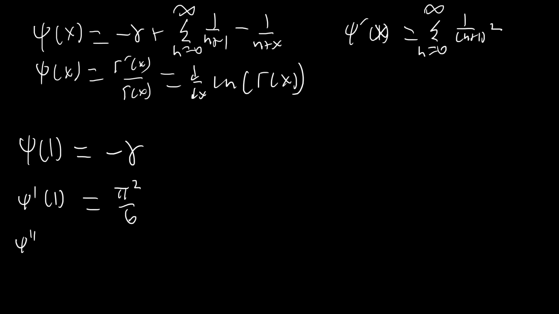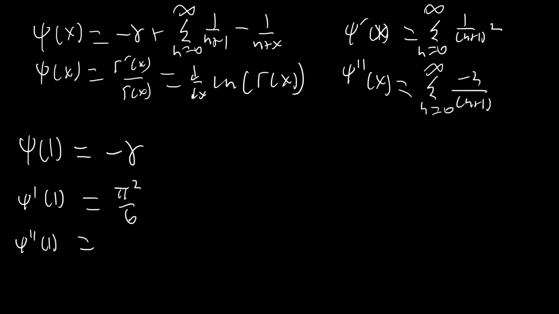Digamma double prime of 1, we're just going to go ahead and, again, you can replace these primes with numbers corresponding with the correct polygamma function, but I'm just using that notation because it's going to be more useful to us. Just differentiating this, we're going to get the sum from n equals 0 to infinity of negative 2 over n plus 1 cubed.